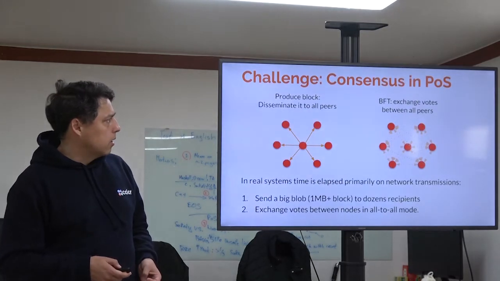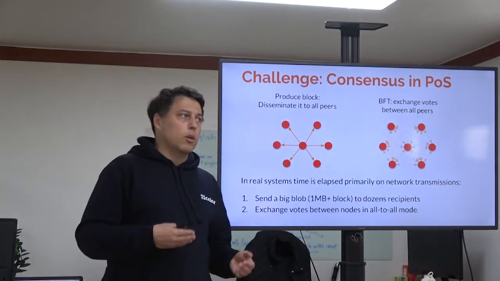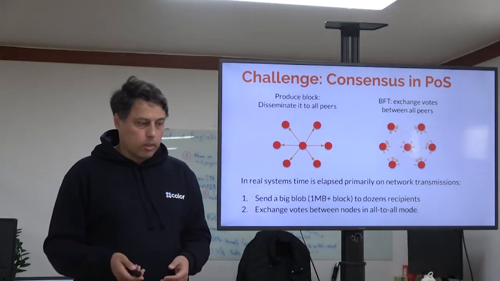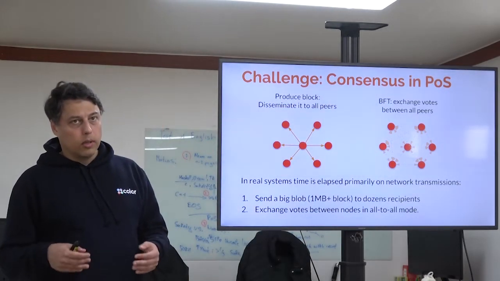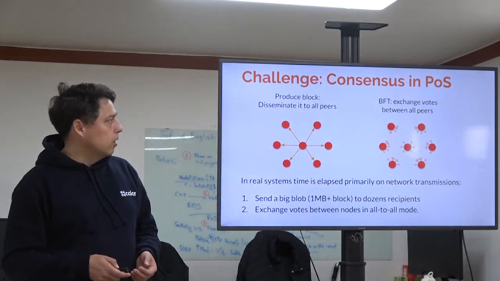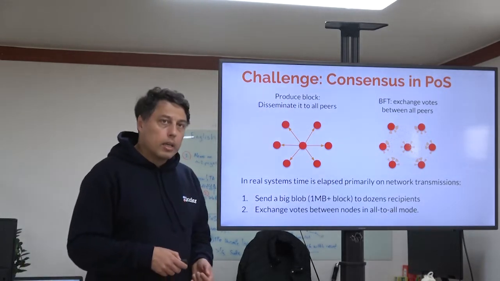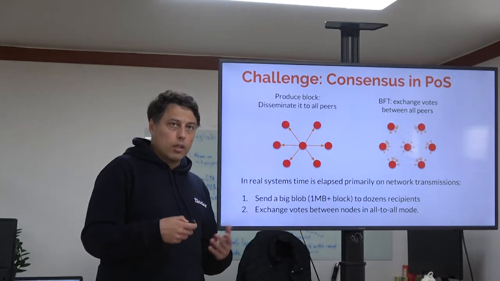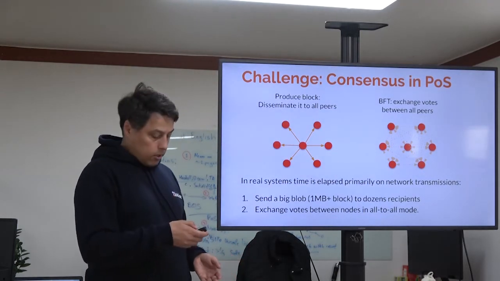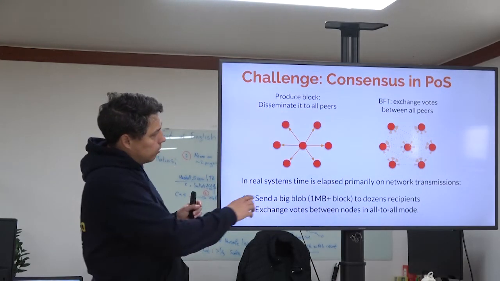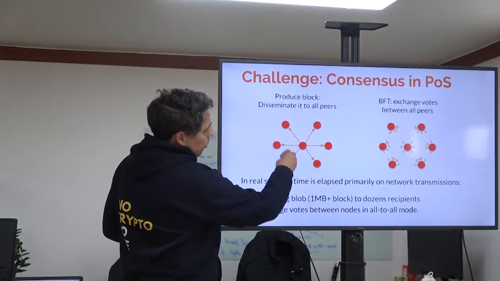And the major idea behind our consensus algorithm is that if we have a look at the real-life proof-of-stake protocol, we will see that most of the time is spent on network communication. First, the block builder needs to create a block and send it to all peers.